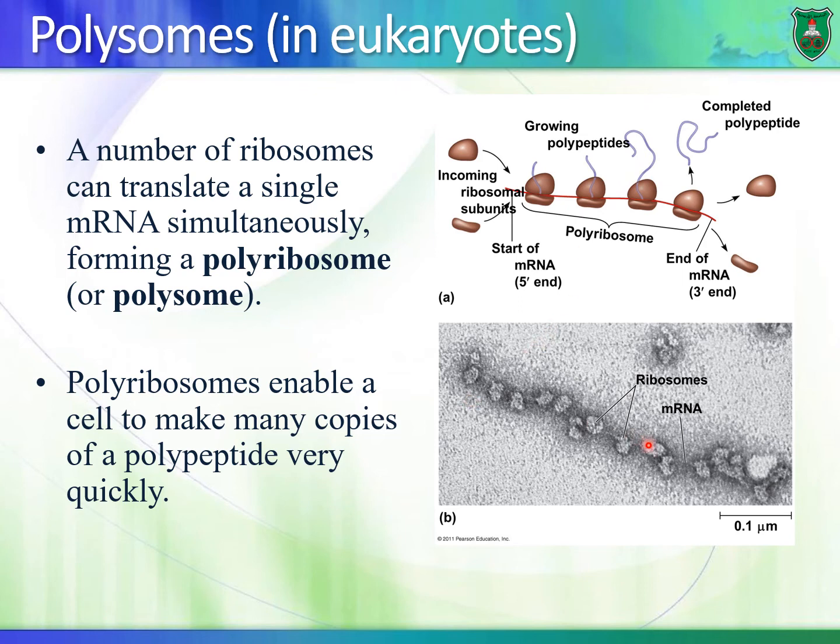Now, this is really an efficient process. It's saving time. Whether it is the polysomes in bacteria, where you have coupled transcription and translation happening at the same time at the same place, or polysomes in eukaryotic cells having multiple translational processes going on at the same time from the messenger RNA.